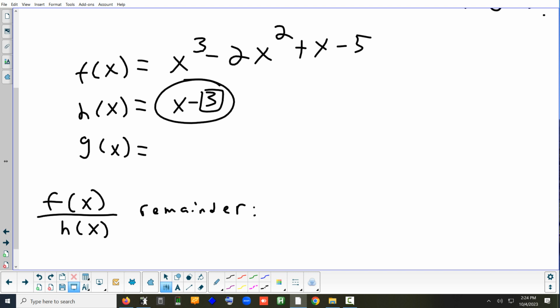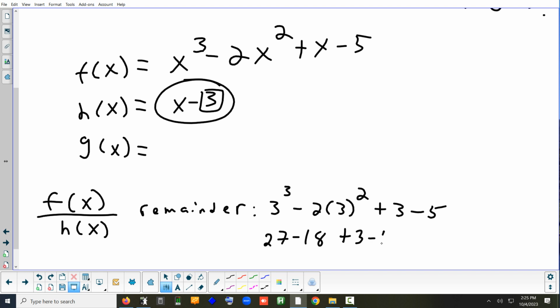Okay. So it's going to be 3 cubed minus 2 times 3 squared plus 3 minus 5. So I just filled a 3 in for x. What's 3 cubed? 27. What's 3 squared, times 2? Negative 18. Plus 3 minus 5. Okay.